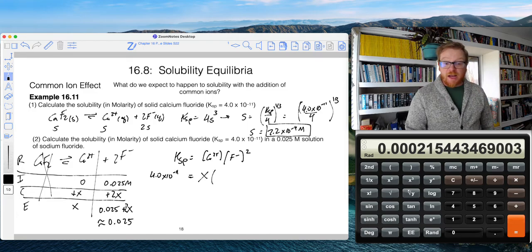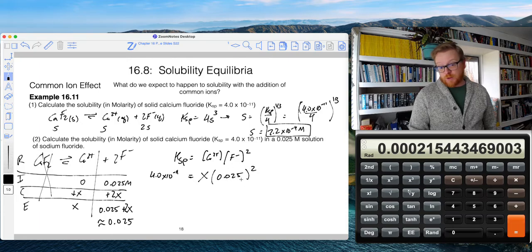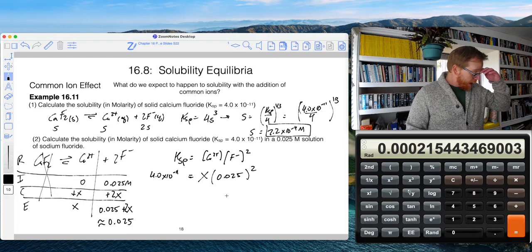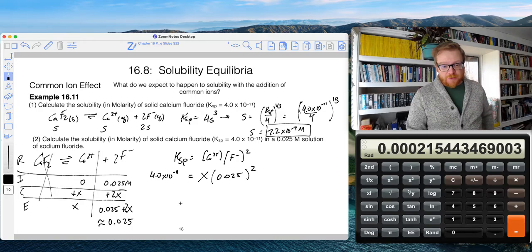And now, because I'm assuming the value of X is small compared to that initial fluoride concentration, we're just going to assume that that's roughly 0.025. And of course, I've got to square that. So now you can see here, to find the value of X, it's just going to be 4.0 times 10 to the minus 11, all divided by 0.025 squared.